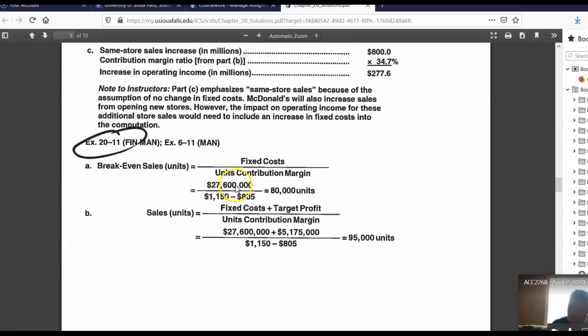It says they had a variable cost of $805 and a selling price of $1150, and we divide by the unit contribution margin. So the selling price was $1150, the variable cost was $805. So the difference between that is our contribution margin by unit.